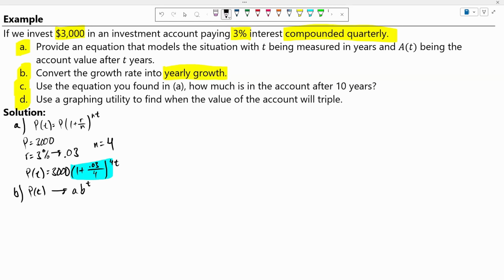So my B is just the 1 plus 0.03 divided by 4, to the fourth power. I'm going to do it real quick. To the fourth power, and what you get is this.